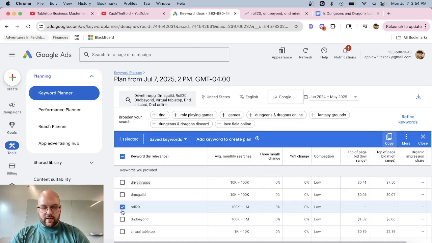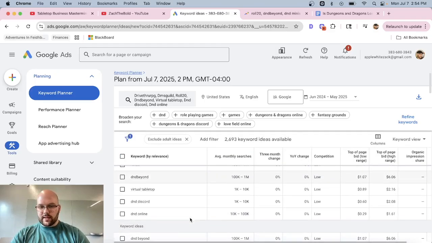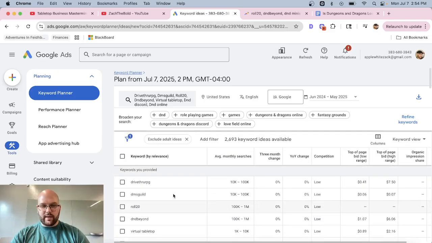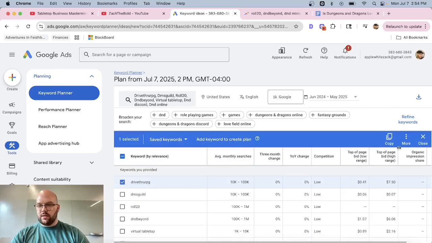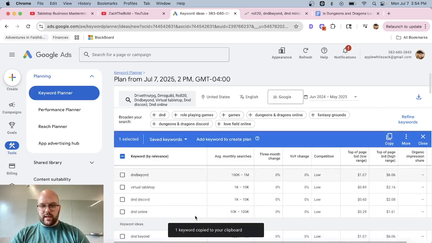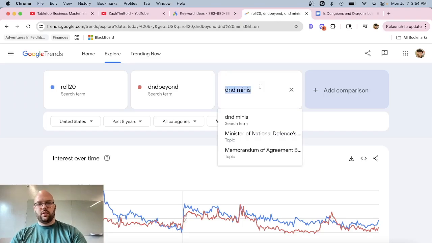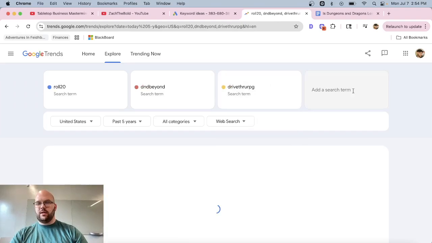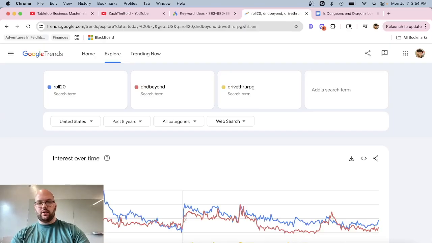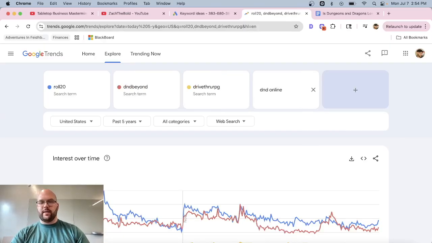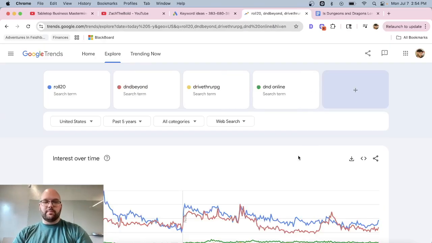Roll20 was the other overperformer we had here. Who else ended in 1 million? Nobody? Okay, great. Let's do DriveThruRPG. And what was the other one with 10K down here? D&D Online. Let's do that one. DriveThruRPG and D&D Online. Excellent.